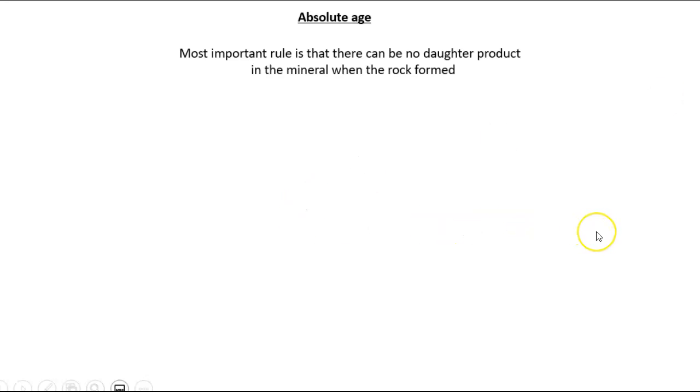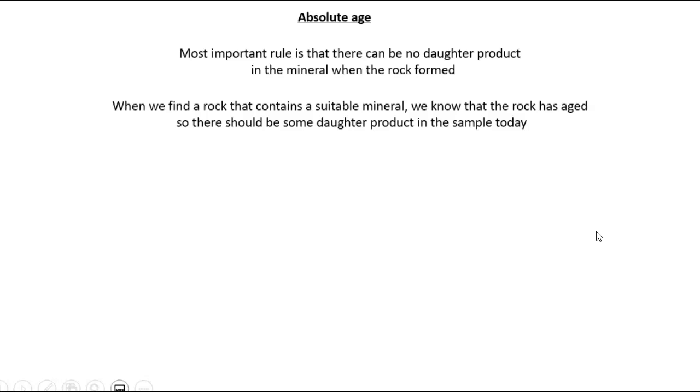Let's look at an example. We find our mineral that has these radioactive elements in it. Let's say we find it today, pick it up, bring it back to the lab, and analyze it. Of course, these numbers are just made up, and the numbers would be very large and hard to work with, but for us, we just want to get the concept.